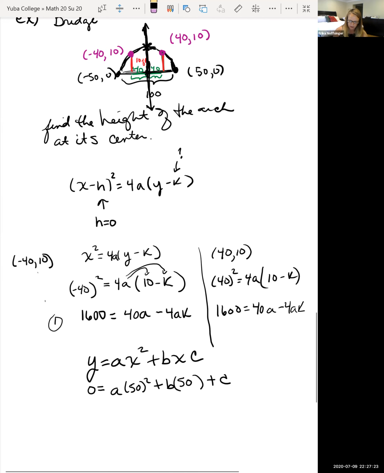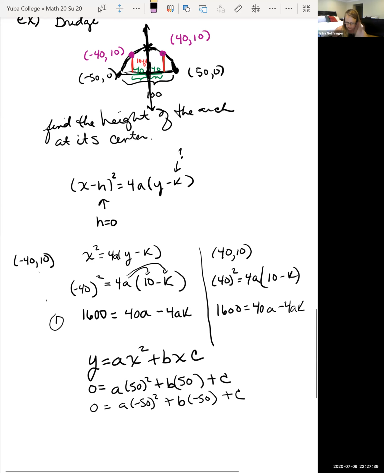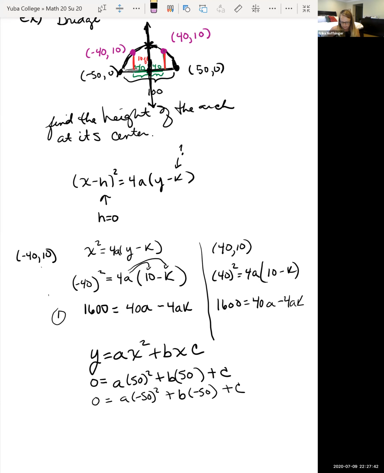If I plugged in another point, I know that y also has to be 0, equal to a times negative 50 squared plus b times negative 50 plus c. I have one more point. Let's do 40, 10. If I plugged in 40, 10, so y is 10 equals a times 40 squared plus b times 40 plus c.